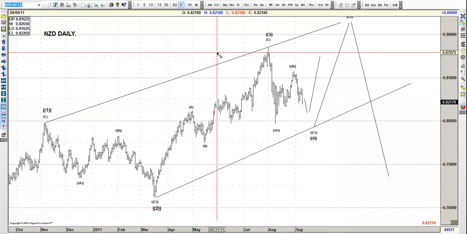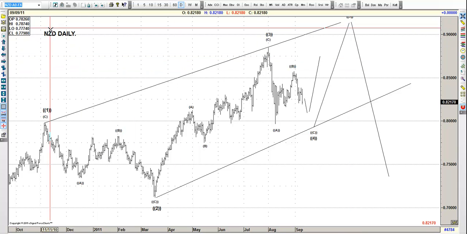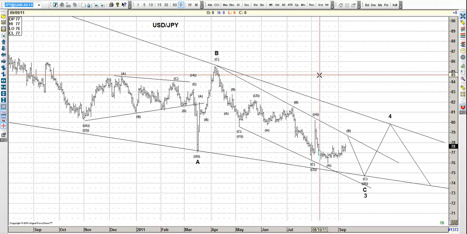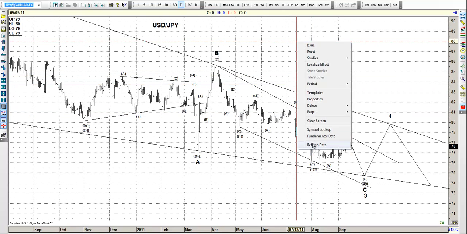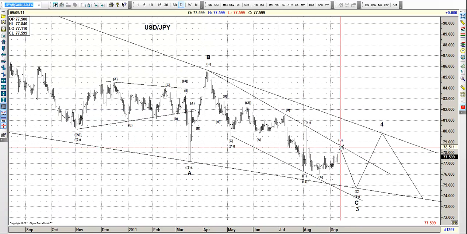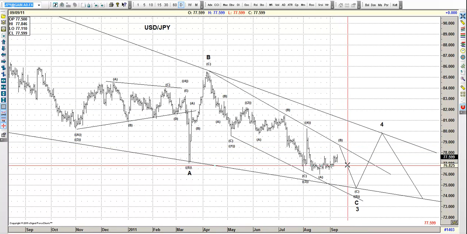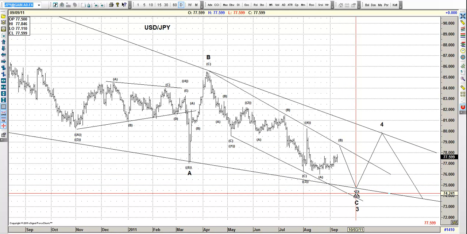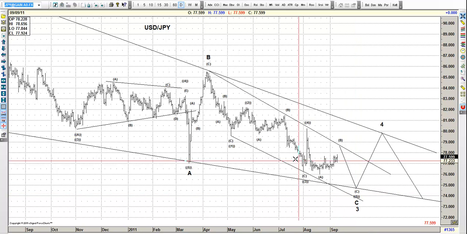Now let's move on pretty fast to the yen pairs. Within the yen pairs, we're going to start with the dollar yen. In the dollar yen, what we believe is that the yen is going to trade higher to around 78.5 before dropping in the final legs of the wave 3. Very clear right here.